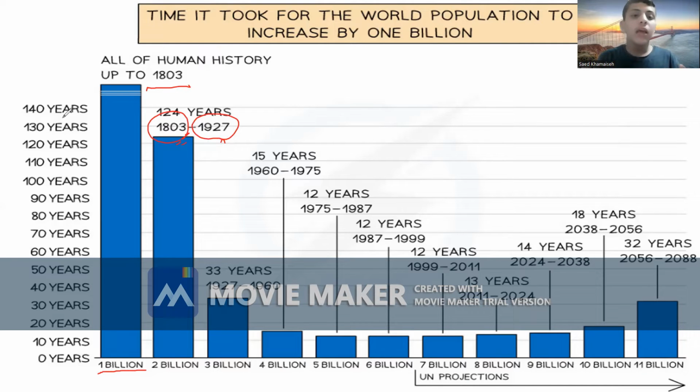It didn't exceed that; sometimes it was 50 million, then 60 million. It started to grow until it reached 1 billion in 1803.